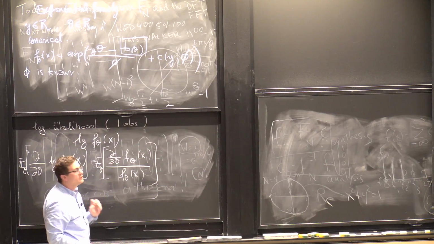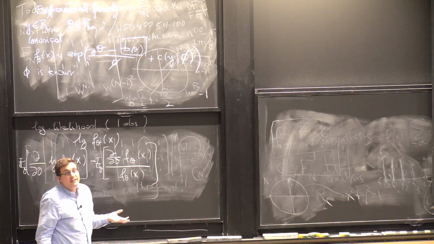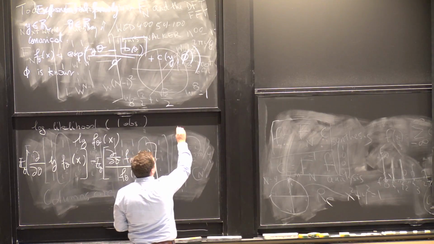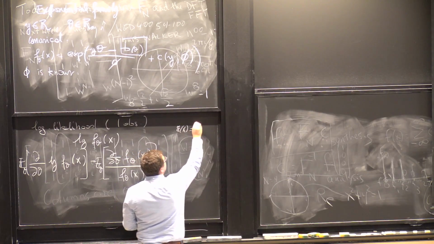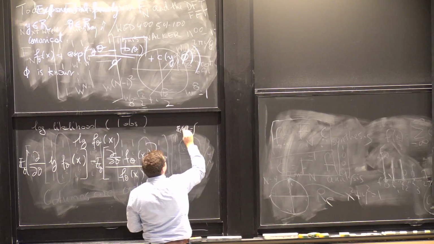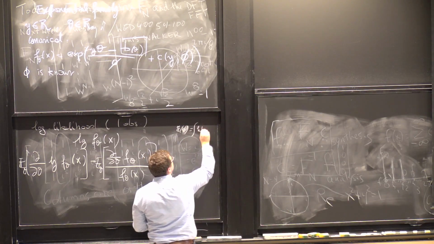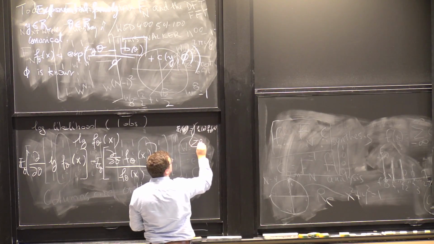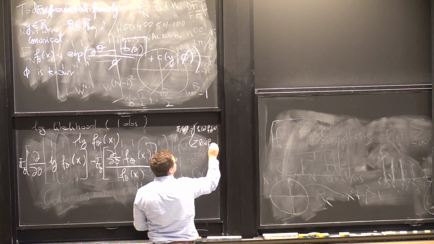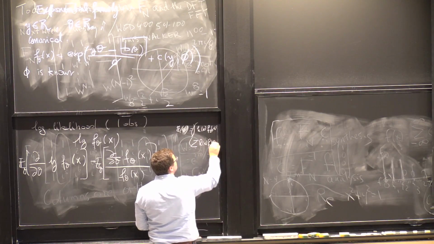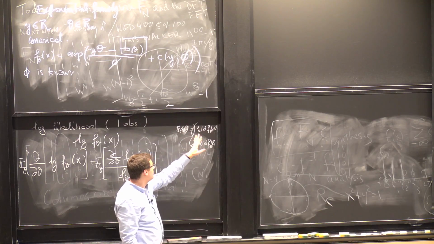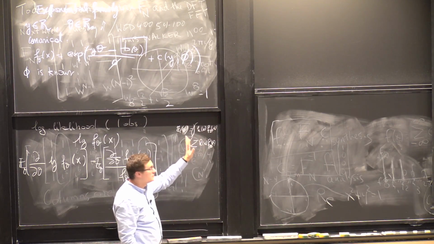Well, it's just the integral against f theta, or if I'm in a discrete case, I just have the sum against f theta, if it's a PMF. The definition of the expectation of h of x is the integral of h of x f theta of x if this is continuous, or it's just the sum of h of x f theta of x if x is discrete. So if it's continuous, you put the integral, and if it's discrete, it's the same thing, right?